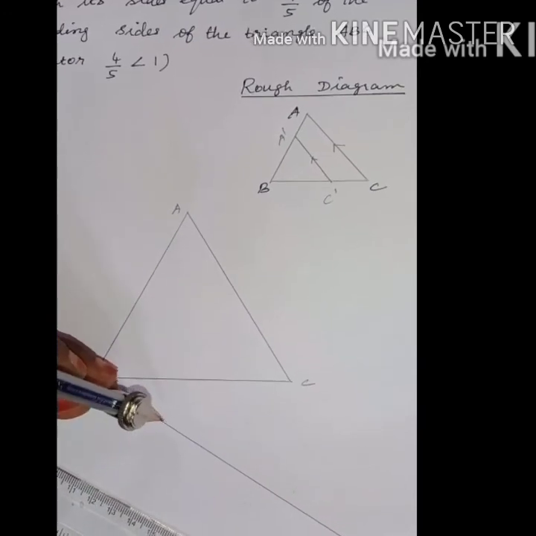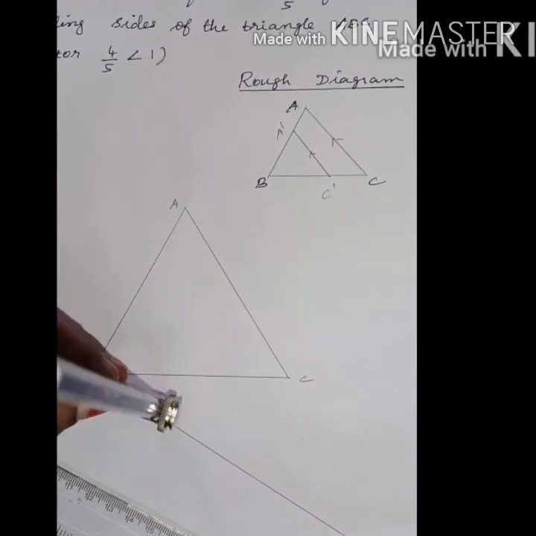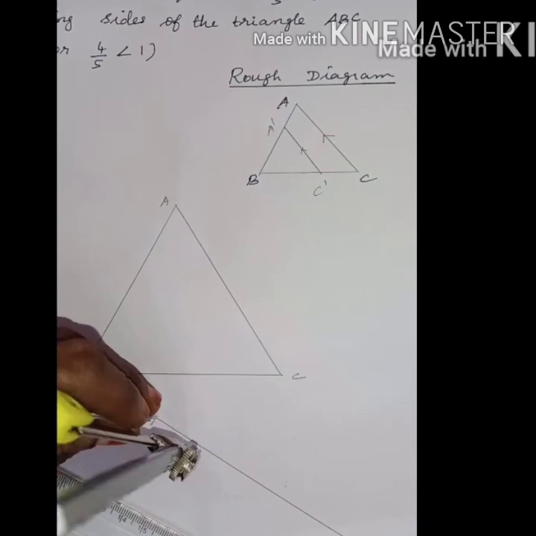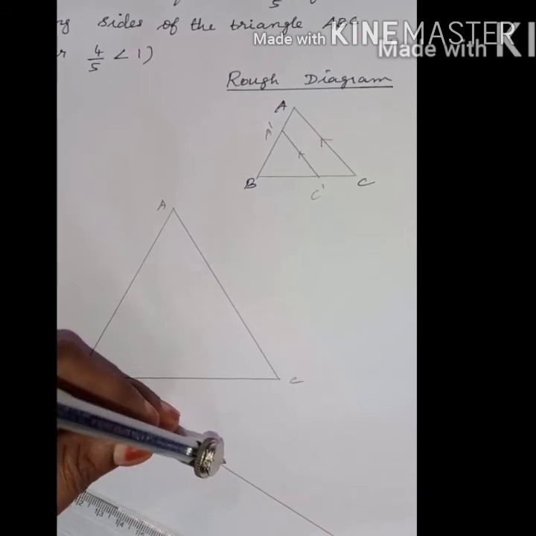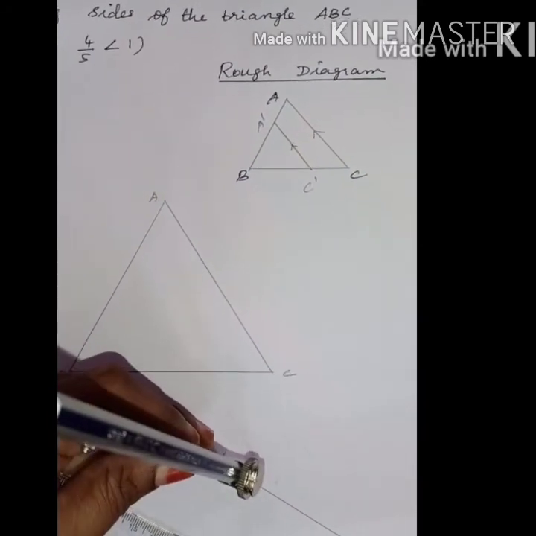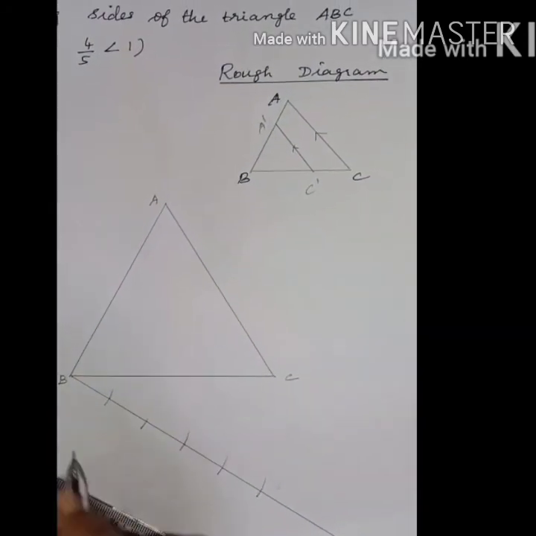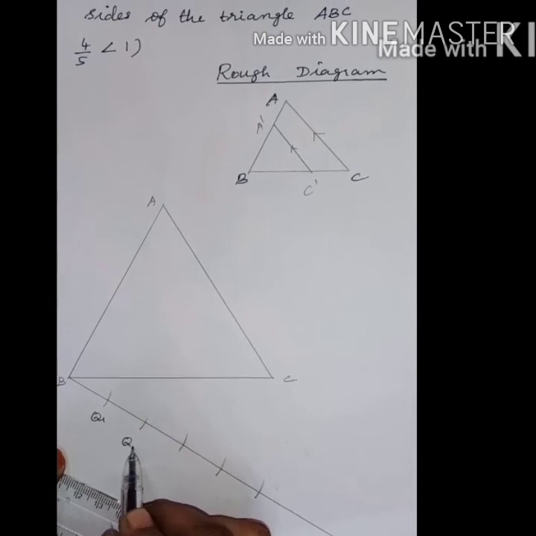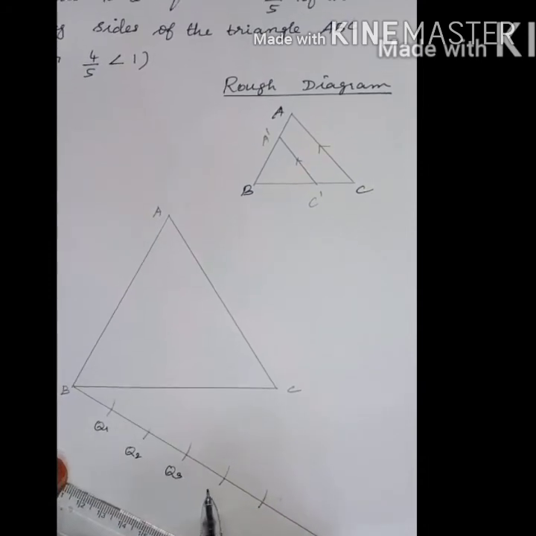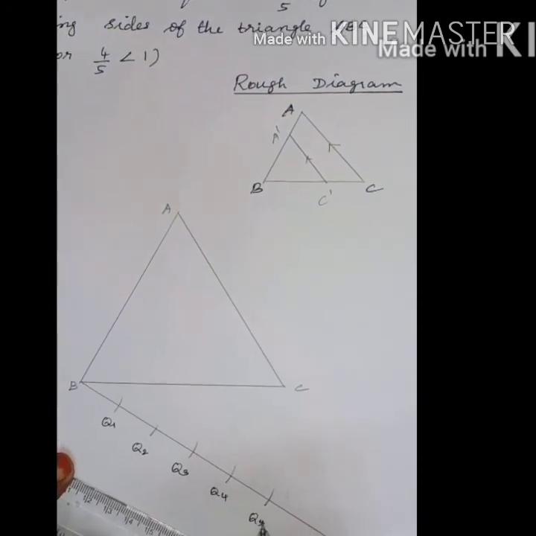From B, you draw 5 arcs: 1 arc, 2 arc, 3 arc, 4 arc, 5 arc, and name them Q1, Q2, Q3, Q4, Q5.